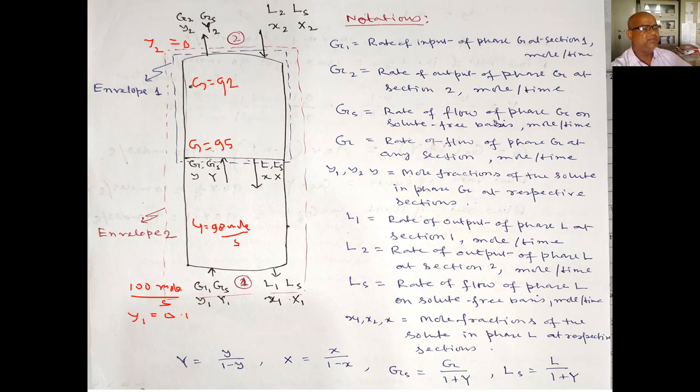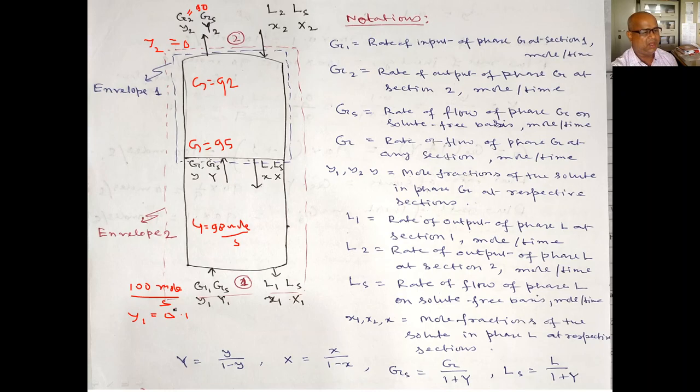And if all is absorbed, G2 will be what? 90 moles is inert, because 90 moles is air, which will not transfer from the G phase to the L phase.